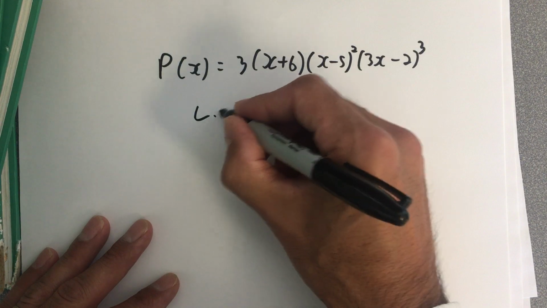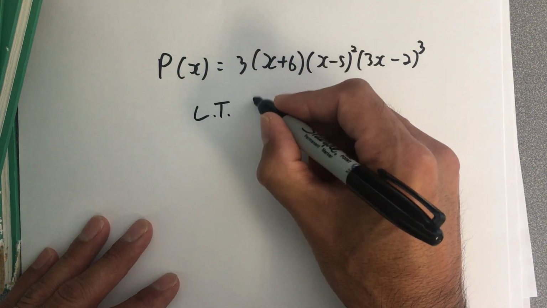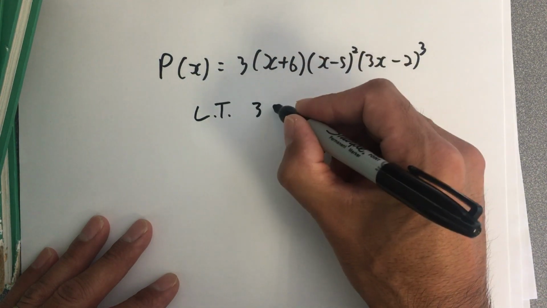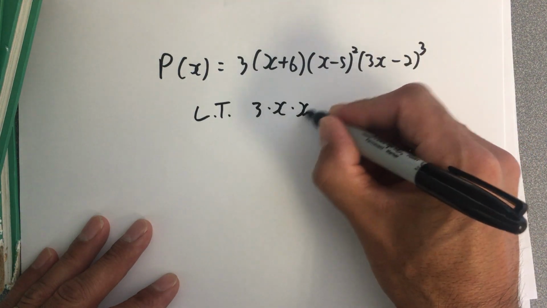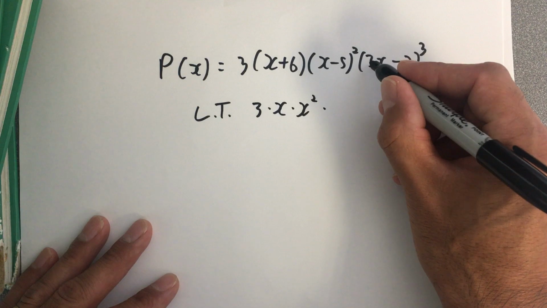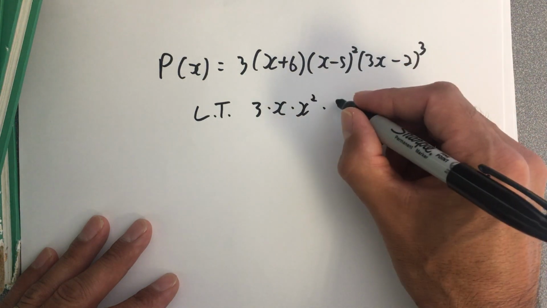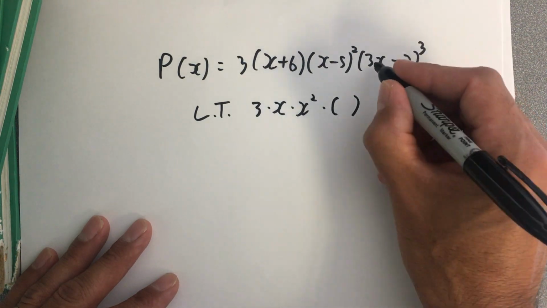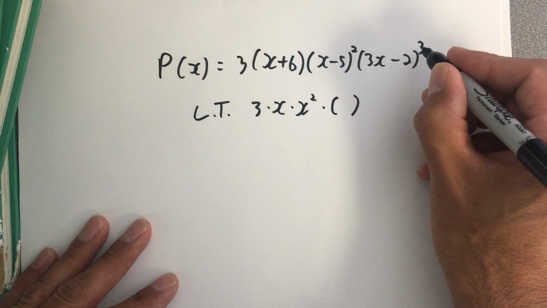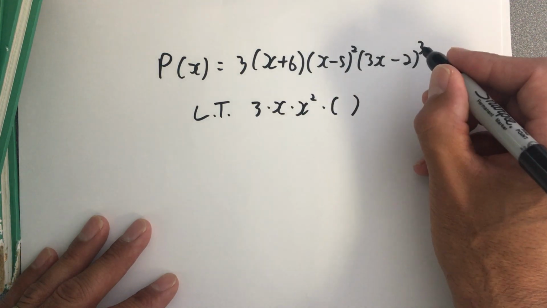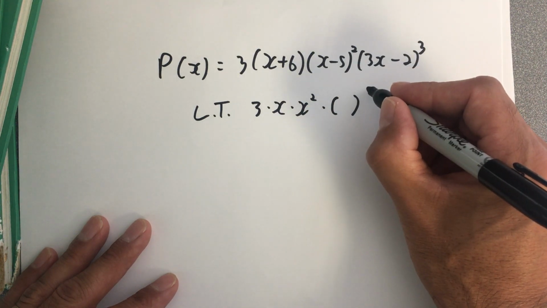So my leading term is going to be 3 times x squared times 3x cubed. Now here you've got to be careful. Put brackets around that first term here, and you've got to apply that exponent to the entire term.